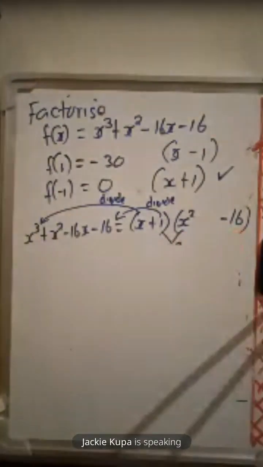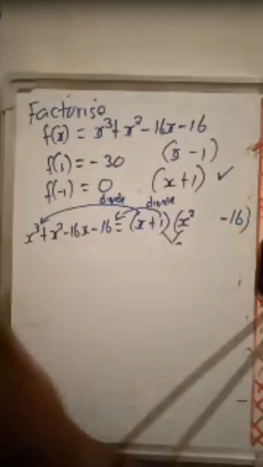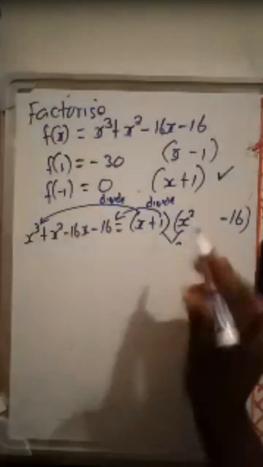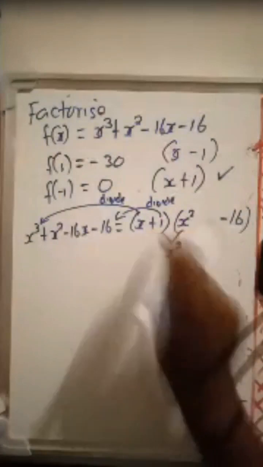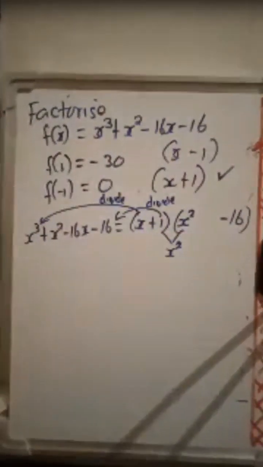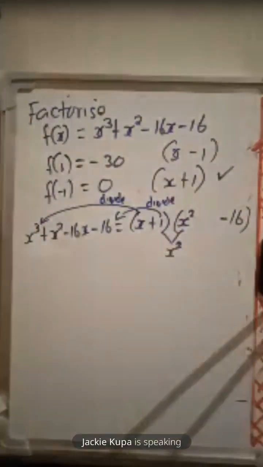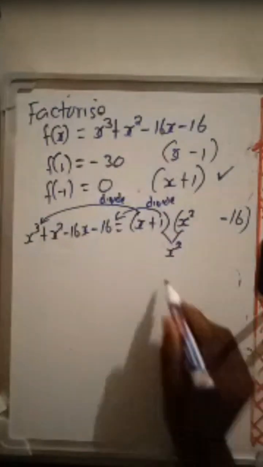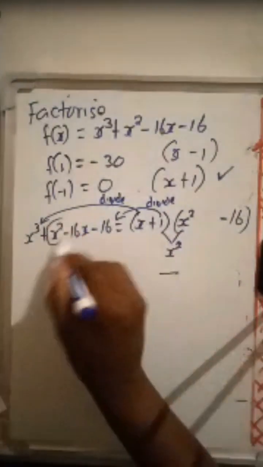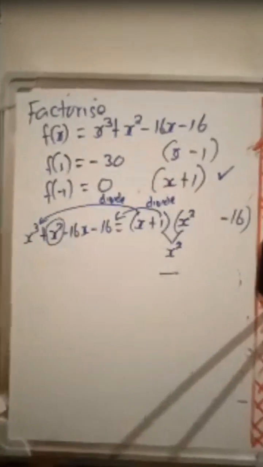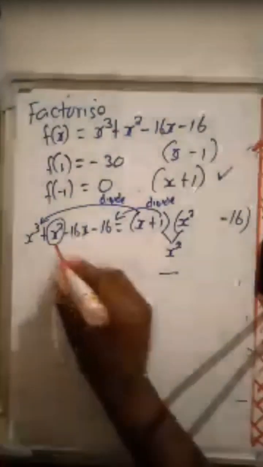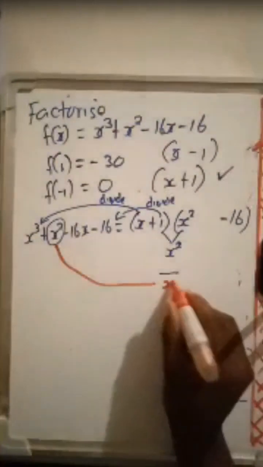Yes. Then multiplication of this one times this one. 1 times x squared. Then you leave a space. You take this one down to come here so that I can get x squared here.